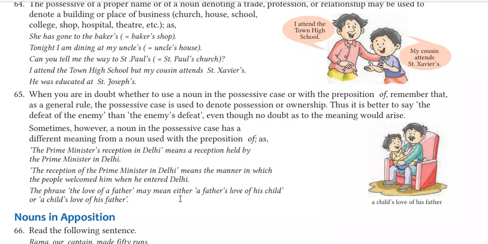Sometimes, however, a noun in the possessive case has a different meaning from a noun used with the preposition of. The prime minister's reception in Delhi means a reception held by the prime minister. The reception of the prime minister in Delhi means the manner in which the people welcomed him when he entered Delhi. So it depends upon the context.